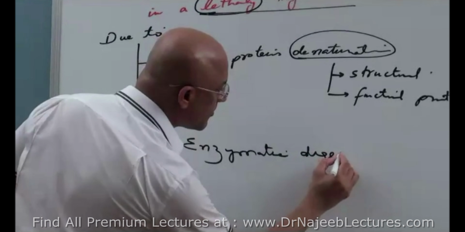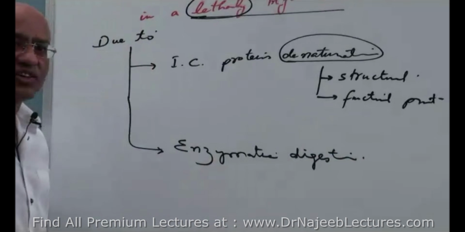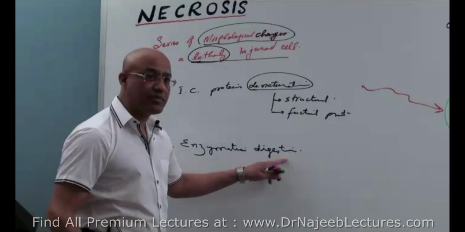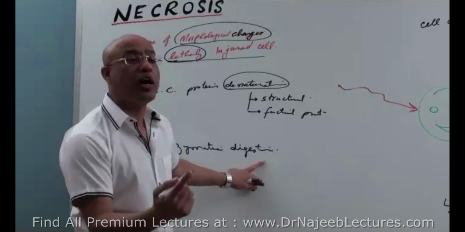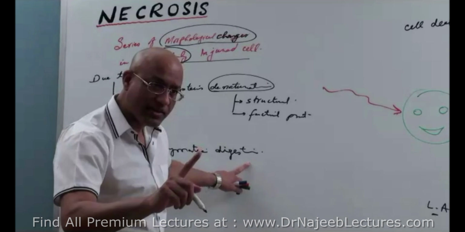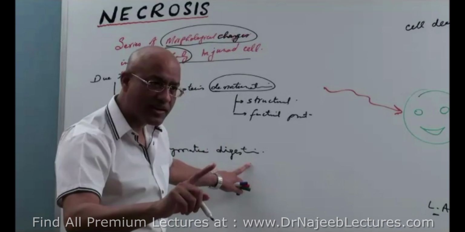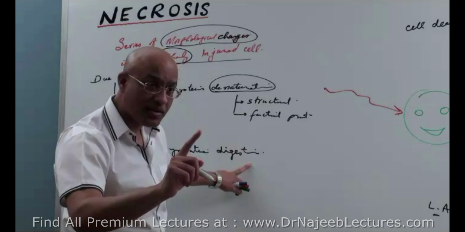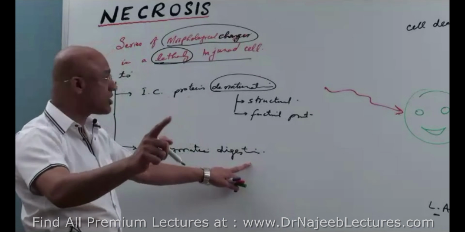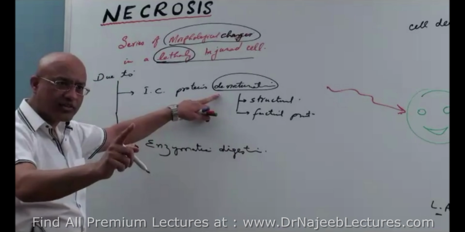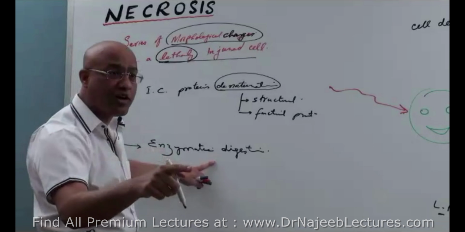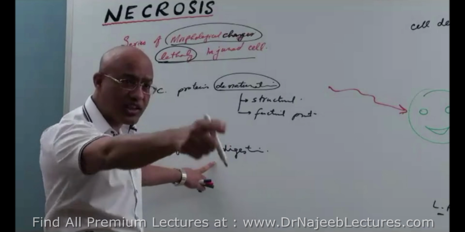These enzymes which digest the cell also bring morphological changes. So why are the morphological changes there in necrotic tissue? Number one, due to denaturation of proteins, and number two, due to enzymatic digestion of lethally injured cells.